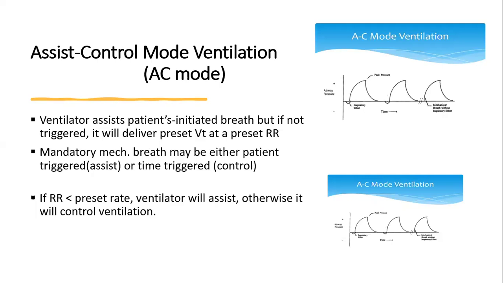If you look at this, this is negative pressure on the right side. So the patient makes an inspiratory effort and triggers the ventilator. The ventilator detects that this patient is trying to make some breath and assists it, boosting the ventilation.